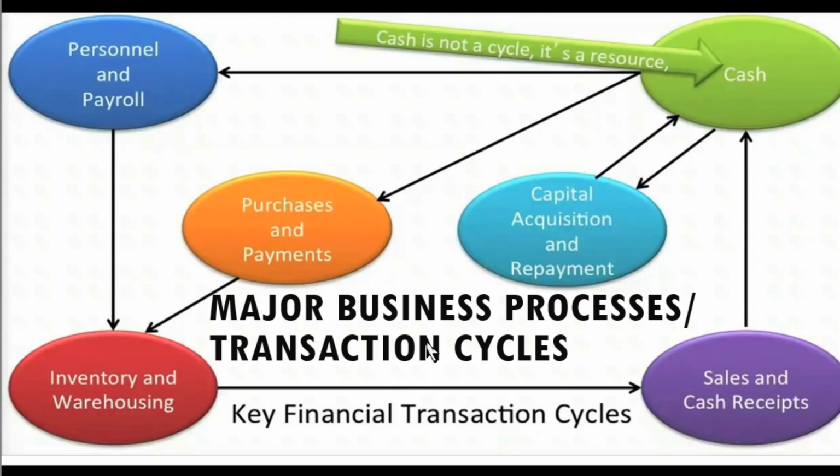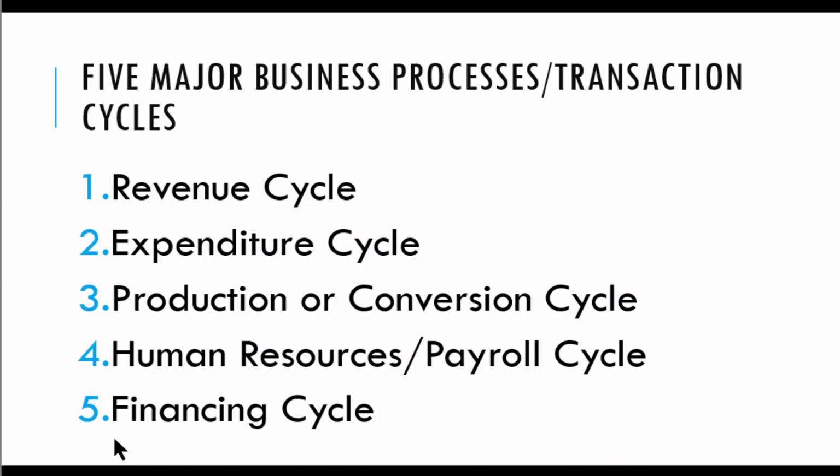So what are the major business processes or transaction cycles? So we have here, it is a cycle because these are interrelated with each other and it keeps on going back to step number 1. It's a cycle because it's continuous. So we have 5, and basically these are the transaction cycles that you're also going to audit.